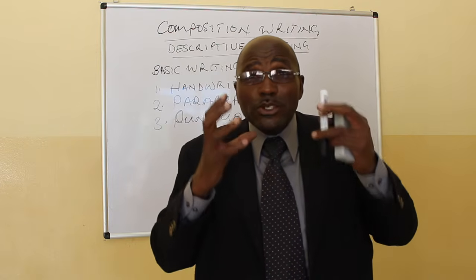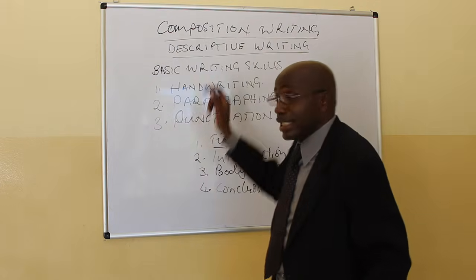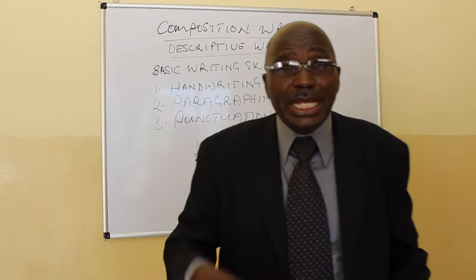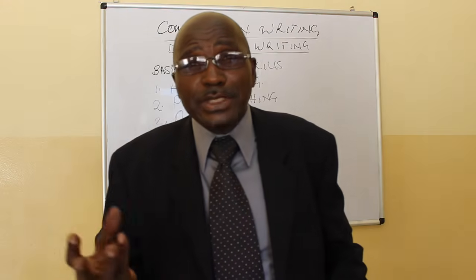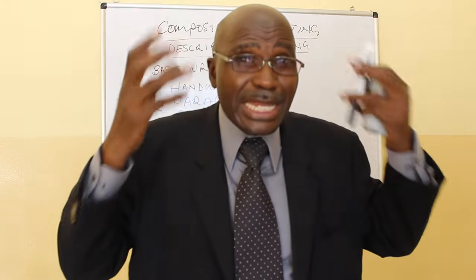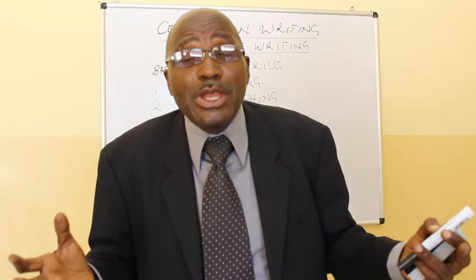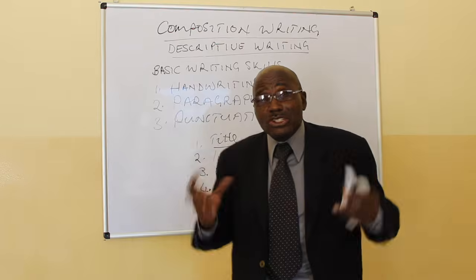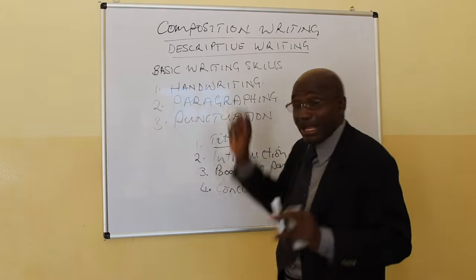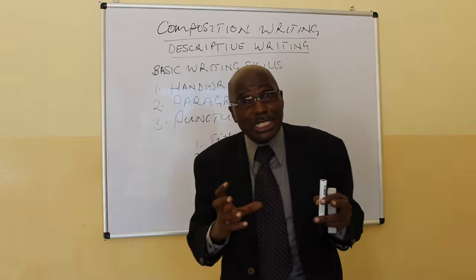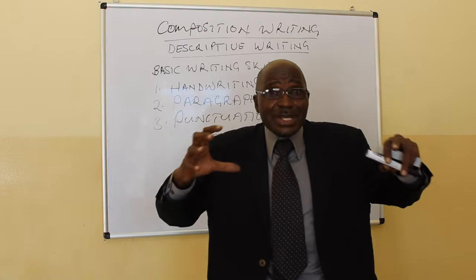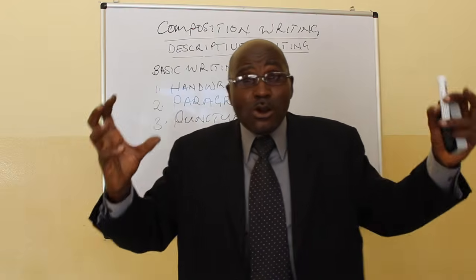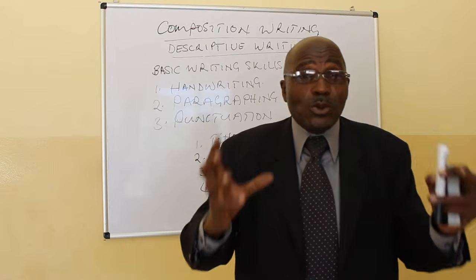So when you talk about the use of senses in descriptive writing, talk about the sense of touch, the sense of feeling, the sense of smell, the sense of taste, the sense of hearing. What type of music did you hear, for example? The five senses must be described when you are writing a descriptive composition, so that it brings out a clear illustration or description of what you are talking about.